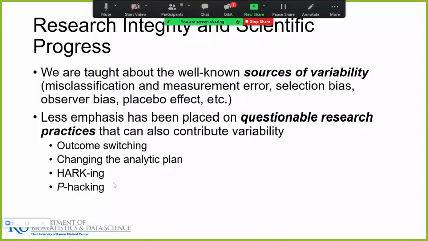HARKing, which is hypothesizing after the results are known, and p-hacking both have to do with passing off hypothesis testing and p-values from secondary or exploratory analyses as confirmatory. That's the problem.